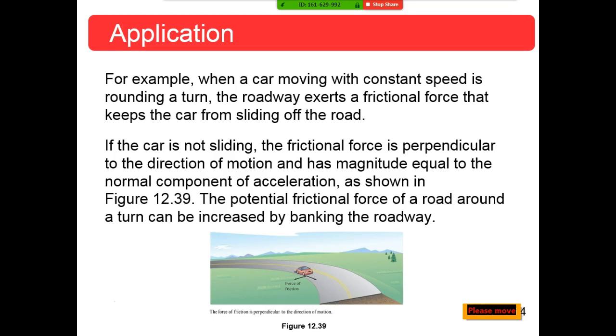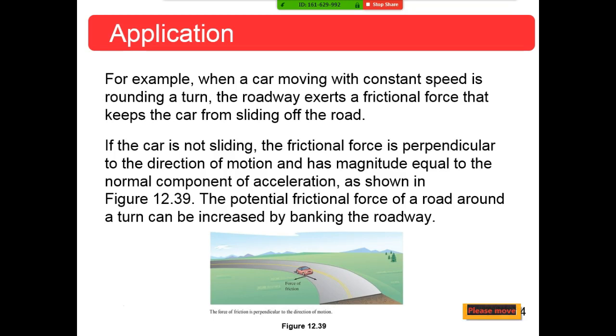The reason I hesitated is that what's pushing you forward also depends on friction, okay? But it's the friction that forces you into the curve. That's all friction. For example, when the car moving at constant speed is rounding a curve, the roadway exerts a frictional force that keeps the car from sliding off the road. If the car is not sliding, the frictional force is perpendicular to the direction of motion and has a magnitude equal to the normal component of the acceleration, shown in this figure.